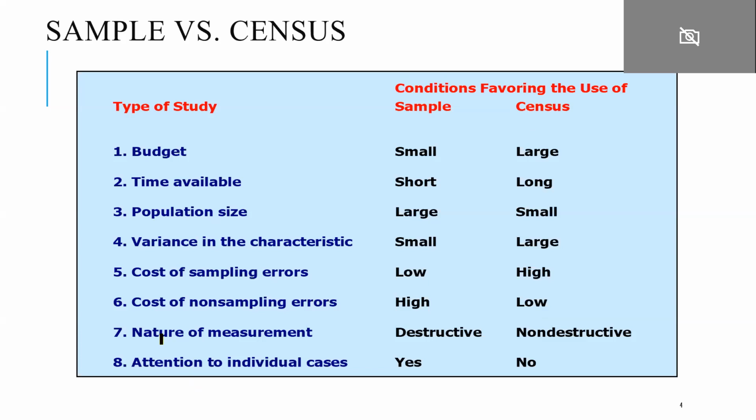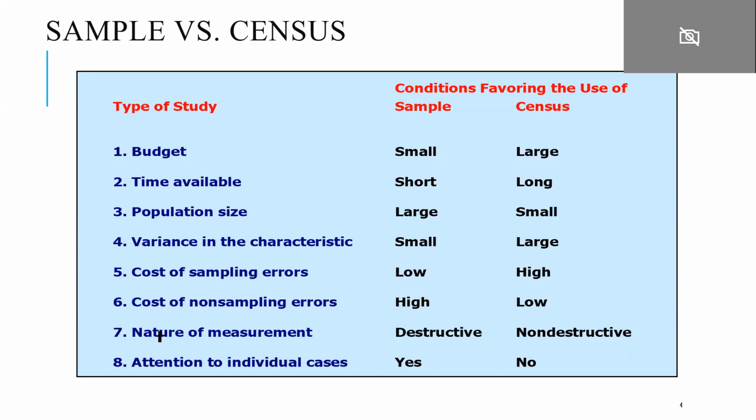What will happen if all of your blood is taken for your blood test? That would be destructive in nature. So in case of destructive measurement, you will consider a sample survey. When it is non-destructive in nature, you will go for the census survey.